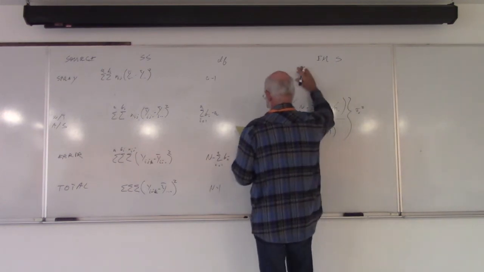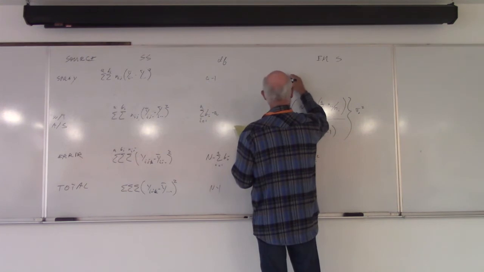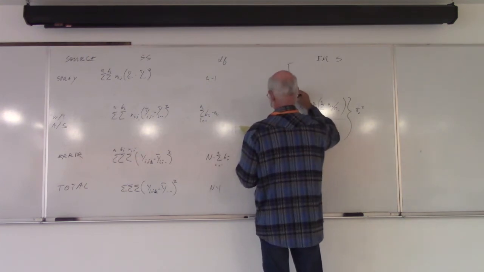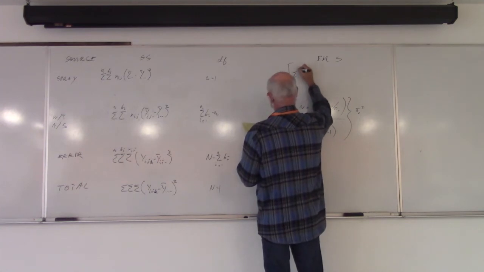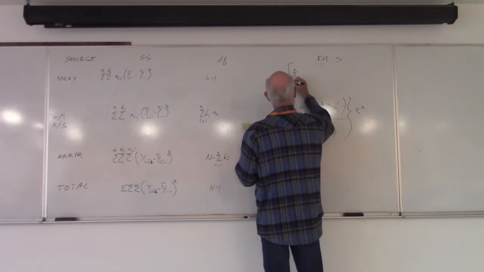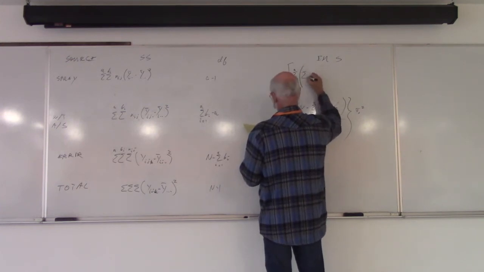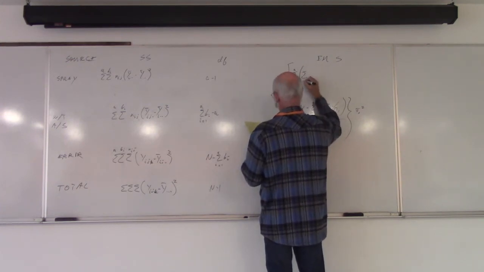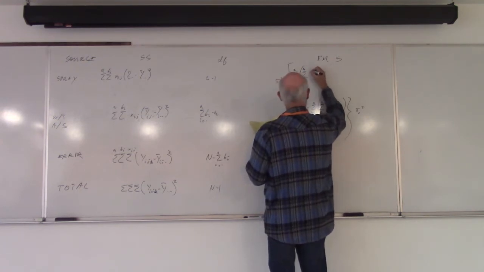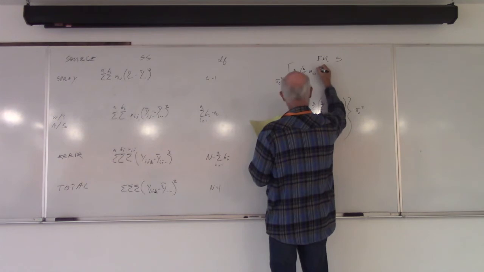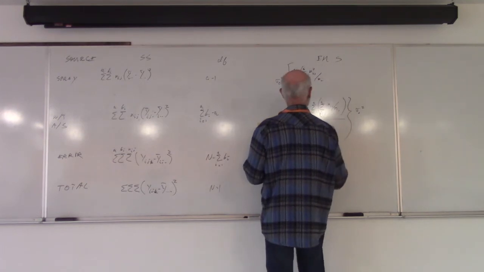My expected mean square is going to be sigma E squared plus the sum across A, i equals 1, of Nij squared divided by N sub i.